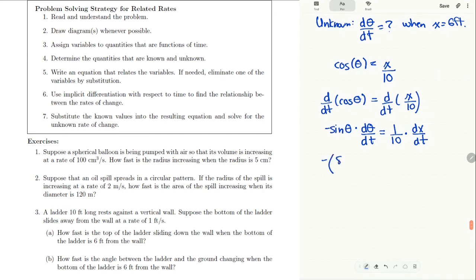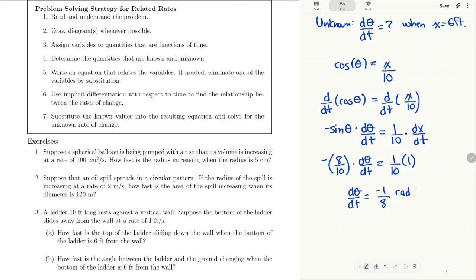So we have negative 8 over 10 times d theta over dt is equal to 1 over 10 times 1. So solving for d theta over dt, we have negative 1 over 8. And whenever we are measuring angles, the convention is that we use radians as our measurements.